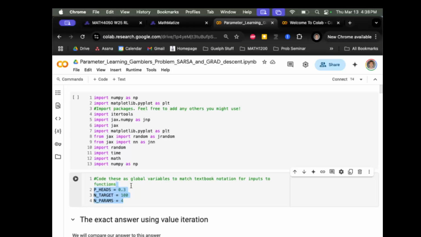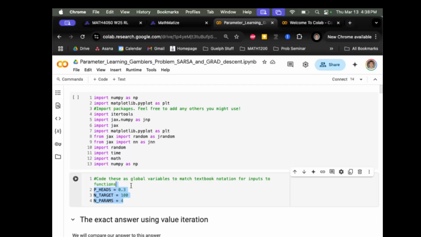You choose how much you want to bet. You will win the bet with a 30% chance, and you will lose the bet with a 70% chance. You're trying to get to $100 before you leave the casino. You're either going to leave the casino with 0 or 100, and your goal is to figure out what sizes of bets you would place to maximize your chance to get to 100.